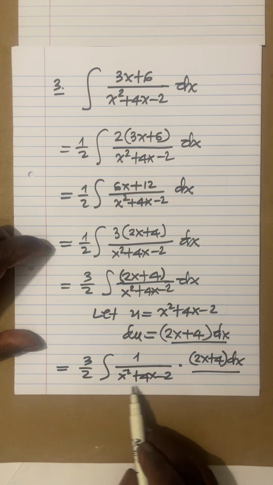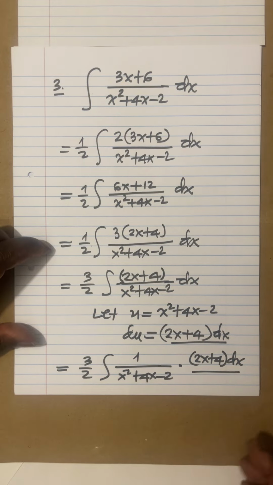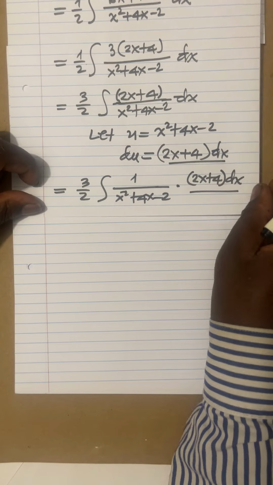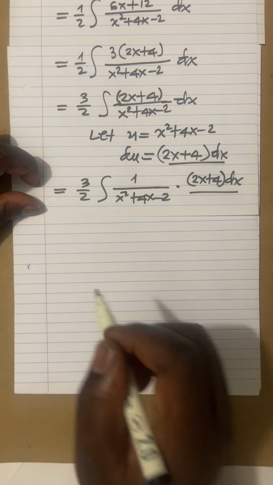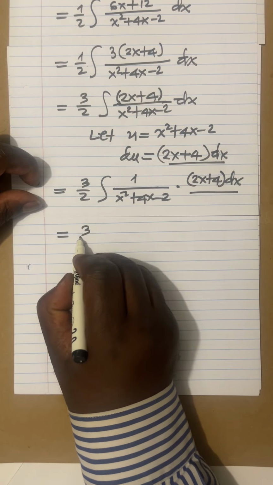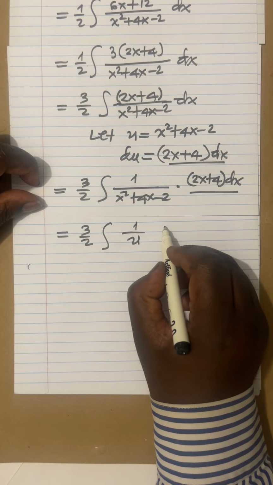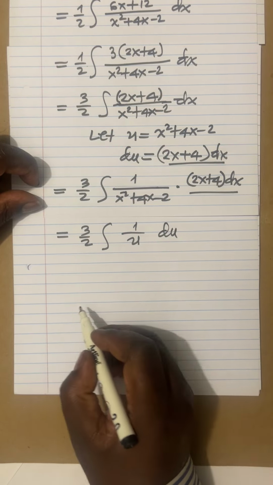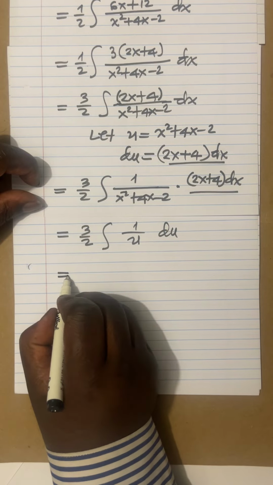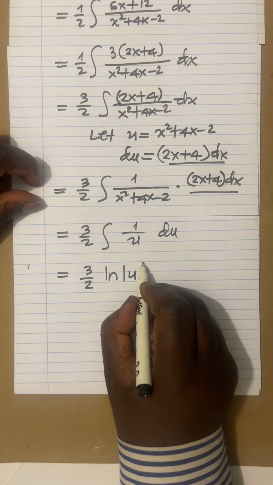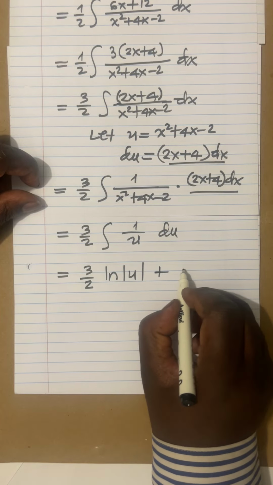So I'm going to have 1 over u du outside 3 over 2 like this. All right, so this is equal to 3 over 2, the integral of 1 over u, and then what must I have here? du. And what is the integral of 1 over u? It's a natural log. 3 over 2 times the natural log of u, and then plus c.